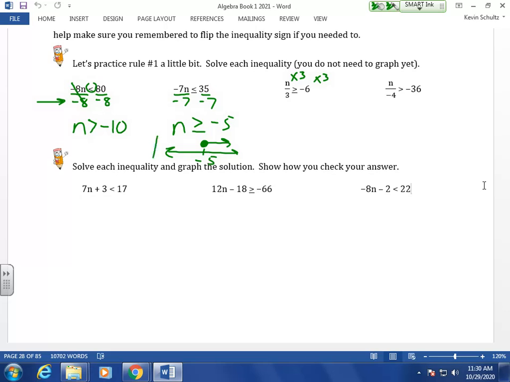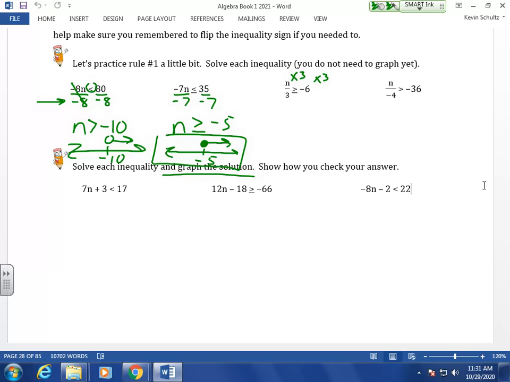And this is the graph of an inequality. I didn't do it on the first one. Should have. Open circle, negative 10, going right. Oh, you do not need a graph yet. Oh, I'm sorry. I was looking at the directions for the homework. So, never mind.